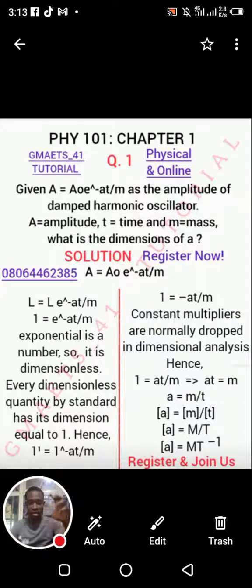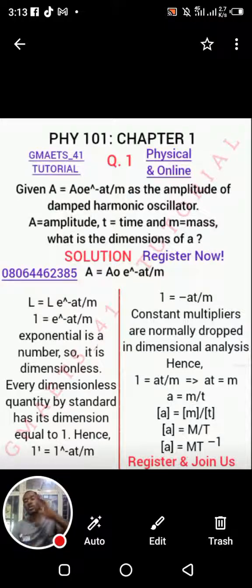But the truth of the matter is, if you look at that A in the question, given A equal to A naught exponential minus, then you have small letter a t over m. Is that small letter a the dimension that they are asking of? And that a t over m, with the minus, they are the powers of that exponential.